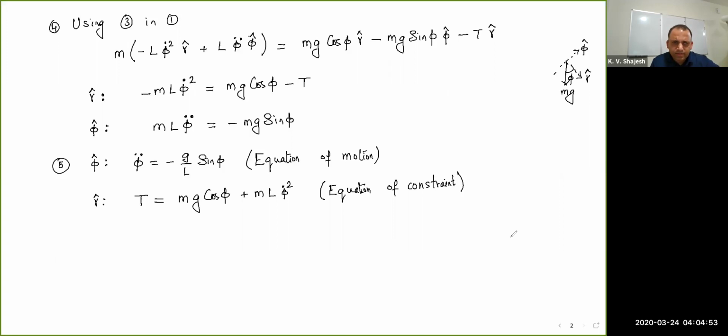So to this end, let's proceed, and let us say that we construct the Lagrangian for this system. So let's go to a new page at this stage. This is item 6, let's say, the Lagrangian for a simple pendulum.